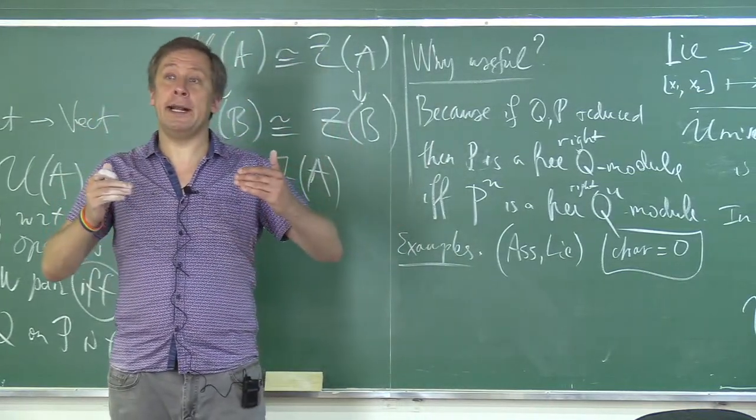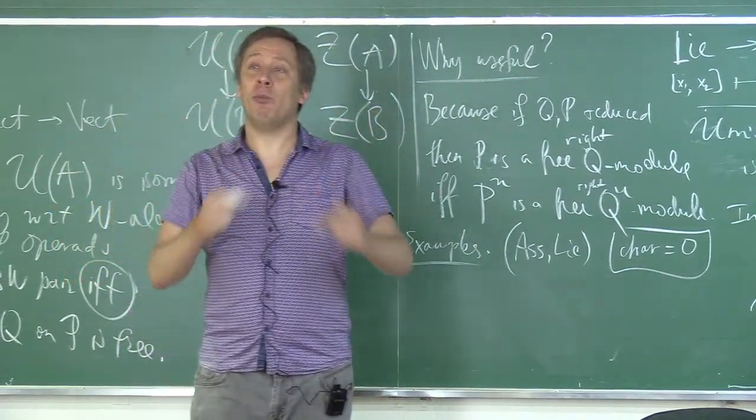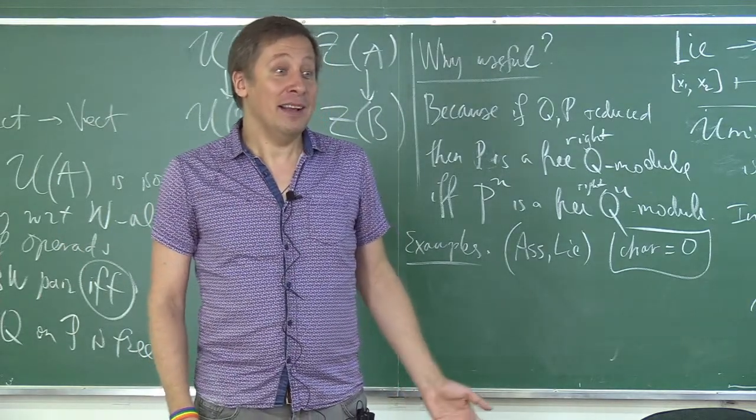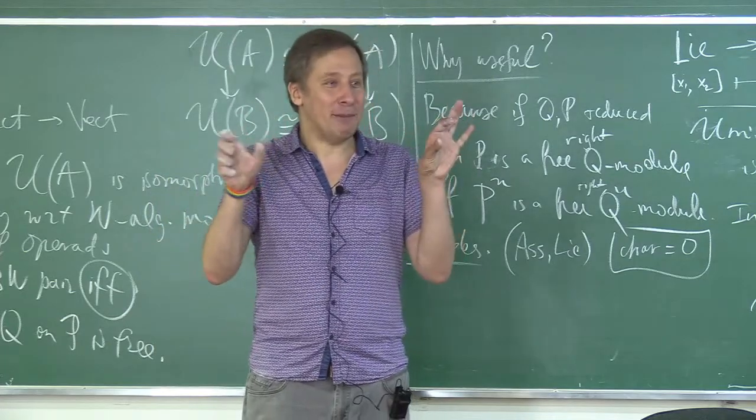You pass to the associated graded. You cannot choose isomorphisms of vector spaces completely canonically. So there is some little difference between these two approaches.